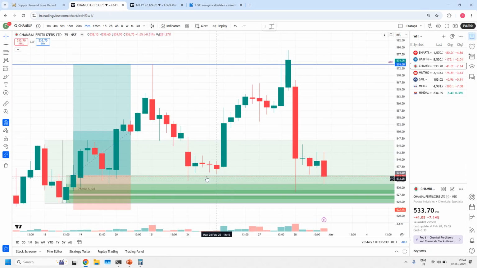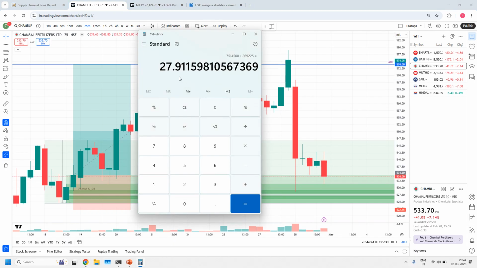Within how many days? When would you have got the trade? On Monday you got the trade. And when did you book the profit? On Thursday. Wednesday is a holiday. Monday, Tuesday and Thursday. In 3 trading days, you would have got 27.9% ROI on one futures margin cost.